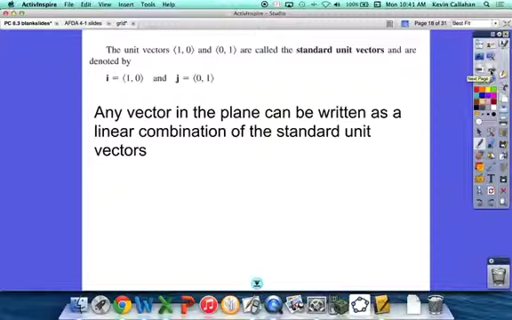Okay, so we have two special unit vectors, and they are <1, 0> and <0, 1>.